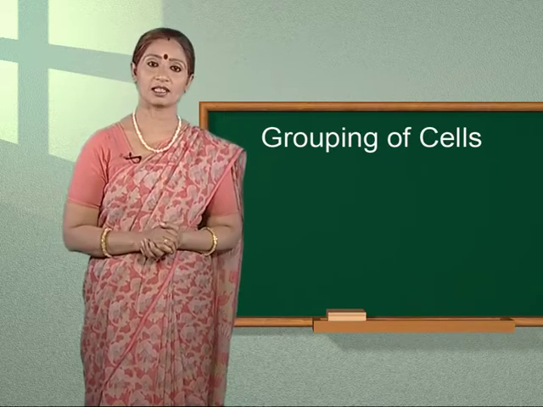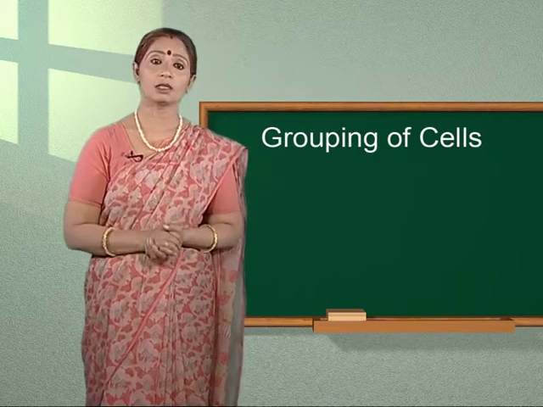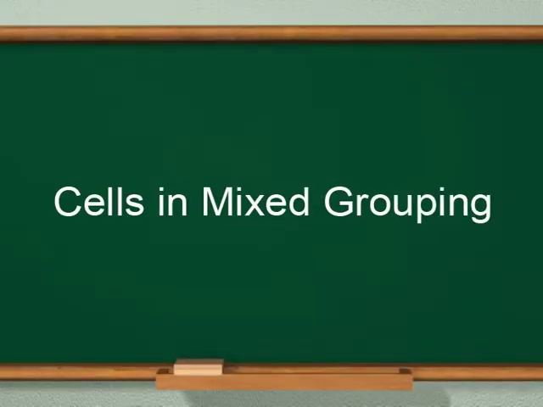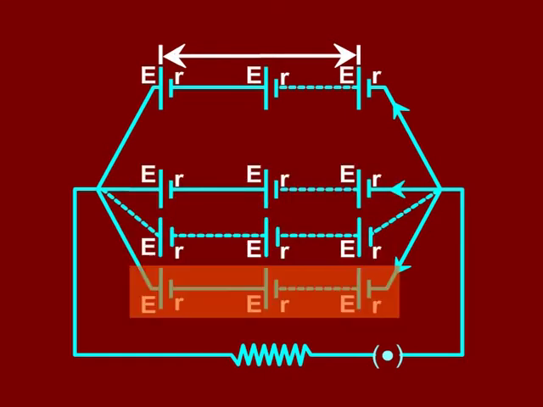There is one more possibility of combining them, which is called cells in mixed grouping. If the cells are connected somewhat as shown in this diagram, they are said to be connected in mixed grouping. Let there be n cells in series in one row and m rows of cells in parallel.